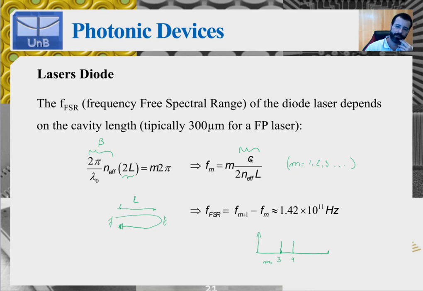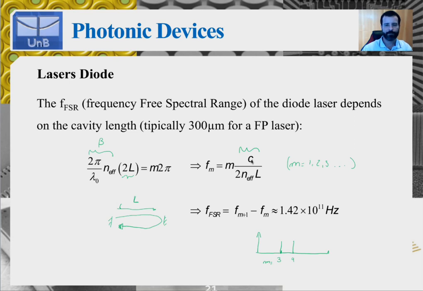Now c is 3 times 10 to the 8th meters per second, the speed of light in vacuum. This again is a number ranging between 1 and 3. And for the length of the cavity, we can substitute 300 or 500 micrometers here. If we substitute 300 micrometers, which is the length of a Fabry-Perot cavity, we'll find that this is 3 times 10 to the minus 4th.